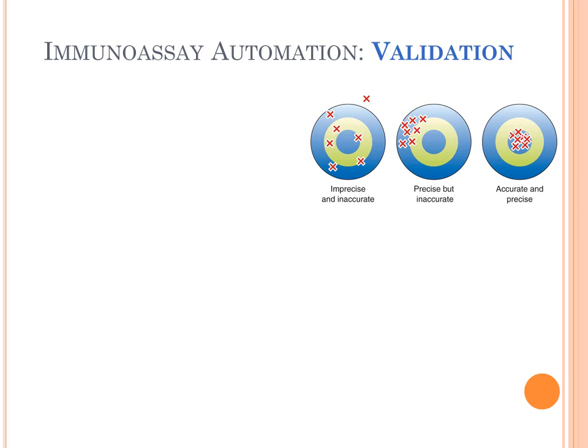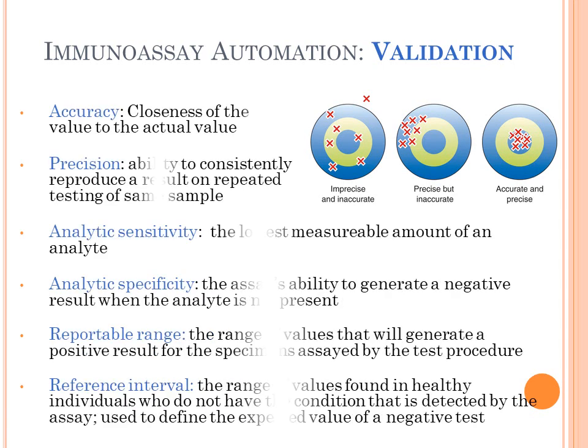You have to validate that instrument and that methodology for that particular assay by doing some fairly extensive testing so that you can be as confident as possible that the instrument and the method are functioning the way that they should be. So there's some terms associated with this. I think you've seen most of these before, either in this course or in other courses, or you will see them in the future, but it's important to get a good grasp of these, so we'll look at them.